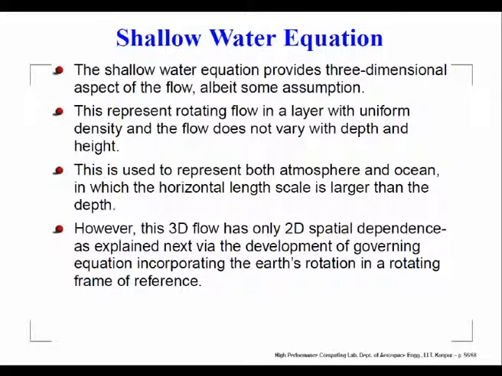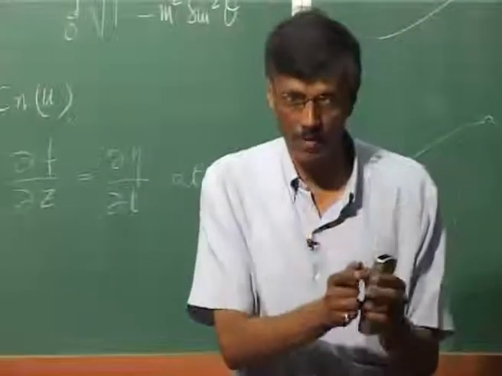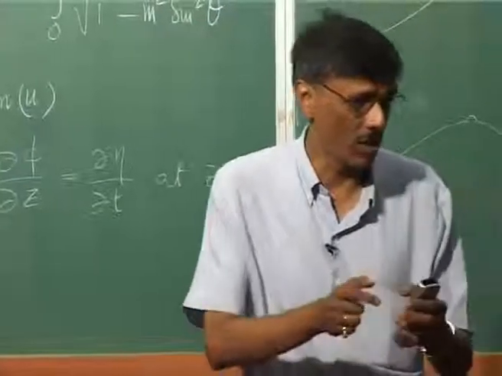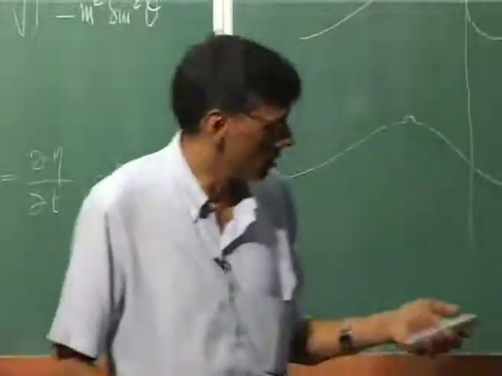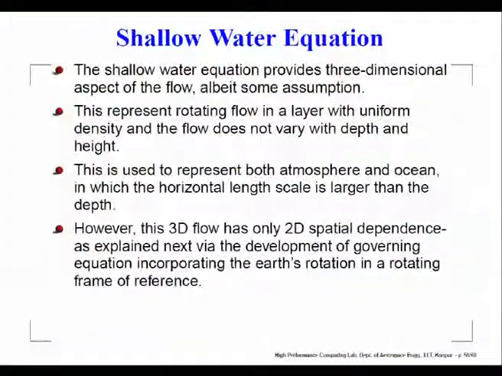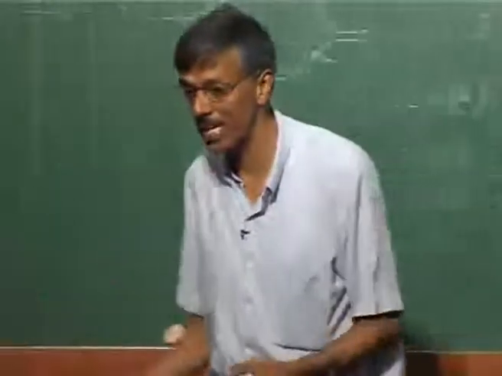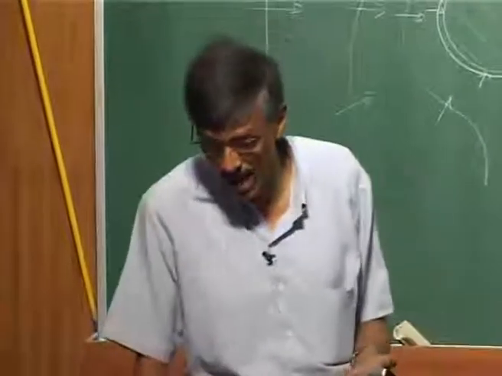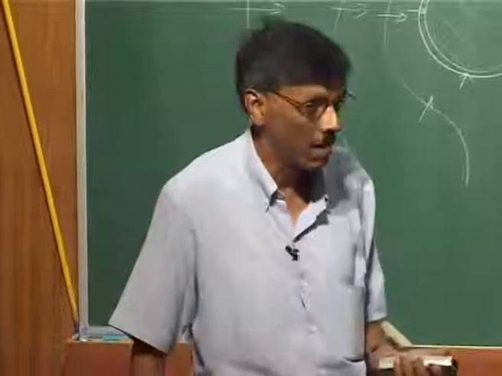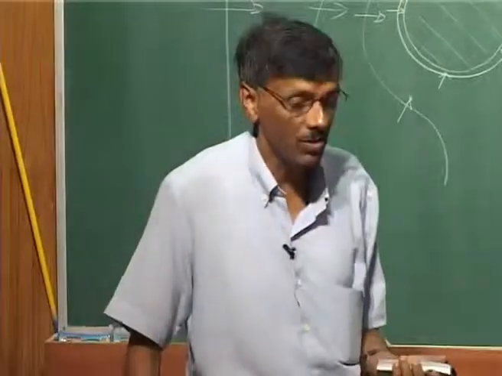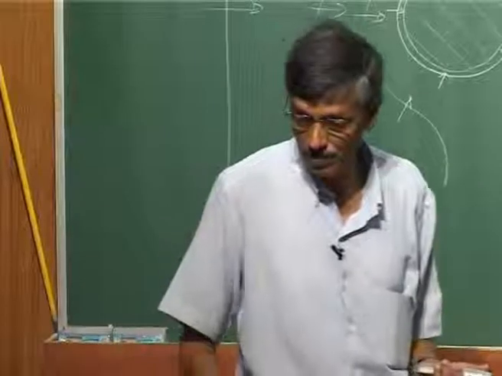So we really look at this shallow water wave equation. And here, unlike what we have done for surface gravity waves, where we neglected Earth's rotation because we were looking at local effects, we are now talking about large horizontal scales. Because of these large horizontal length scales, we will be talking about the effect of Earth's rotation through the Coriolis term.